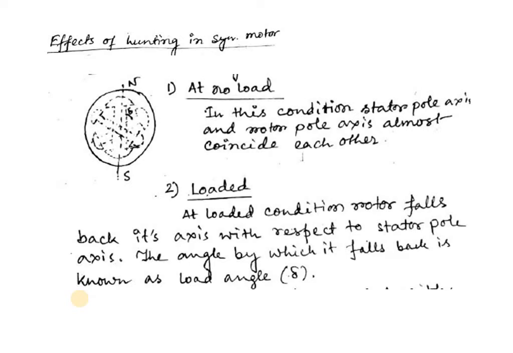And at loaded condition, the rotor falls back in its axis with respect to the stator pole axis, and the angle by which it falls back is known as the load angle. That means the angle between the rotor axis and the stator pole axis is known as the load angle.